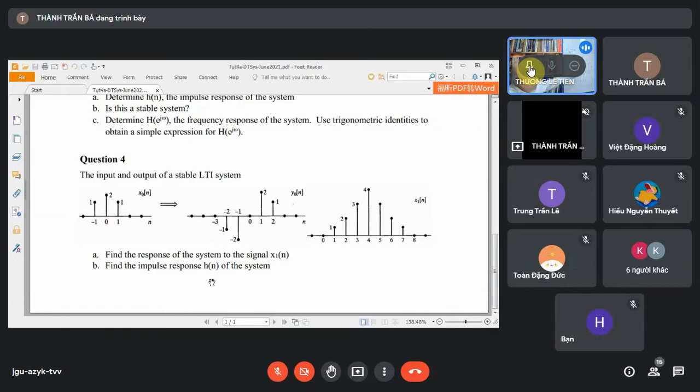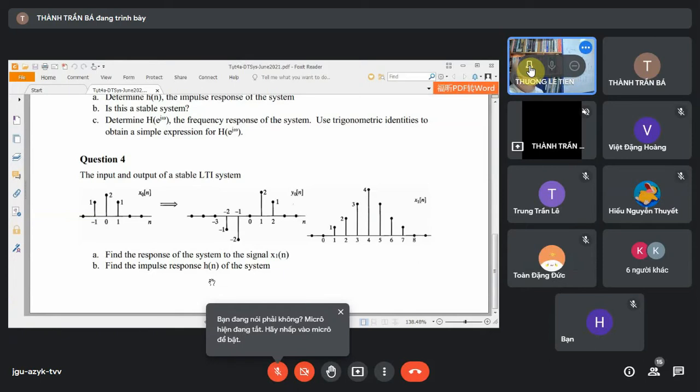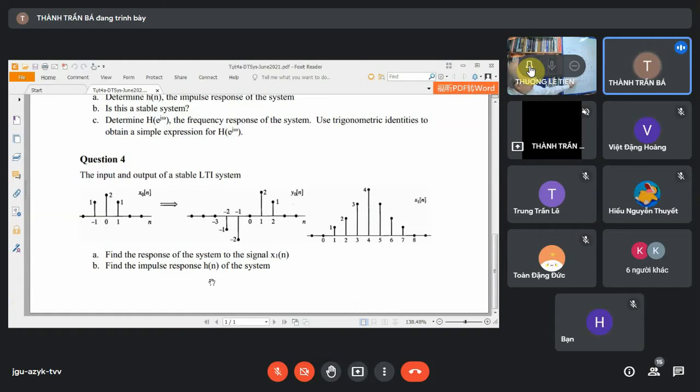What is the relationship between this and this? It is x0 plus x0 n plus 1, sir. x0 n minus... no, just step by step. What is it compared to x0? It is delayed by one.